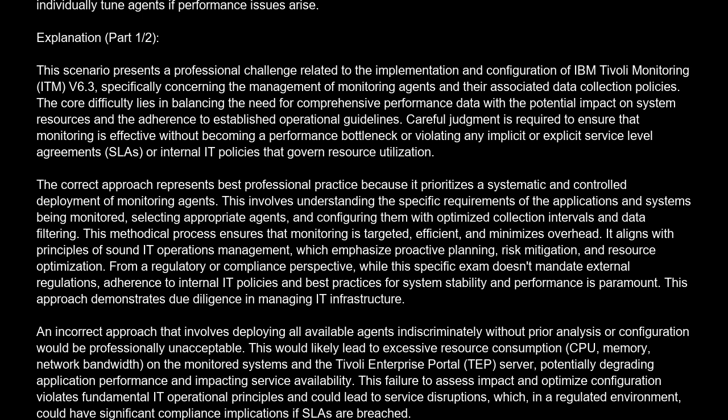This failure to assess impact and optimize configuration violates fundamental IT operational principles and could lead to service disruptions, which, in a regulated environment, could have significant compliance implications if SLAs are breached. Another incorrect approach, such as disabling data collection for critical performance metrics to reduce overhead, would also be professionally unacceptable.